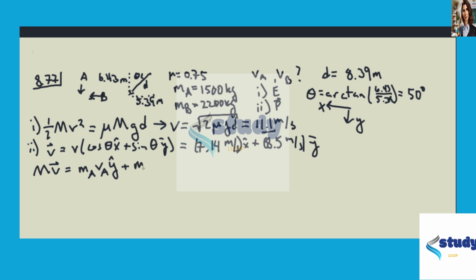And similarly for B. And now just breaking this apart, we'll find that vA is equal to big M over MA times the y component of our velocity here. And this works out to be 21 meters per second.